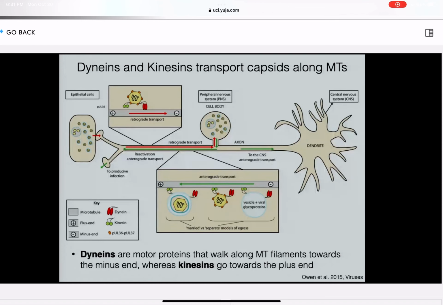In order to move things around in the cell, be it vesicles, some proteins, organelles, they will use microtubules to facilitate their transport. If it was a large vesicle, like here, this is a viral particle, but if it was a larger vesicle, it would have these things attached so that it could march along and then move along these highways. Okay?